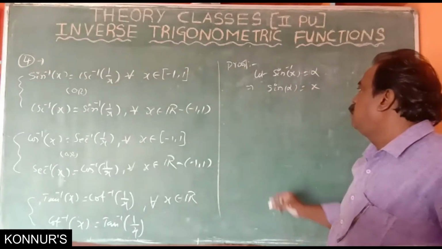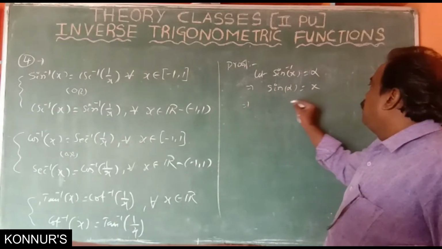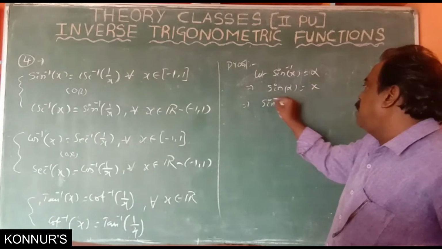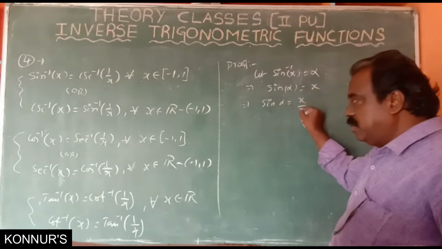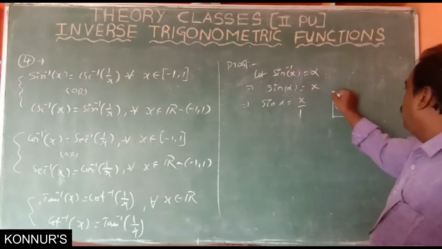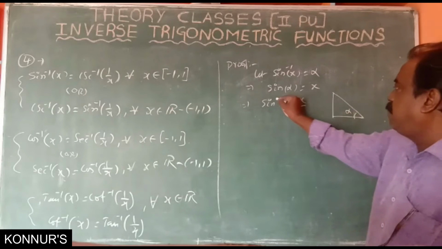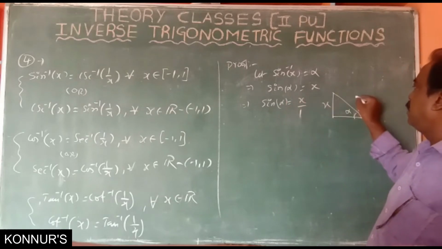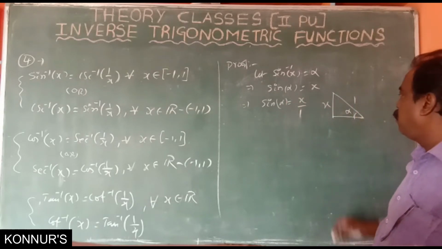X means x by 1, that is opposite side by hypotenuse. It is angle alpha, the opposite side is x and the hypotenuse is 1.